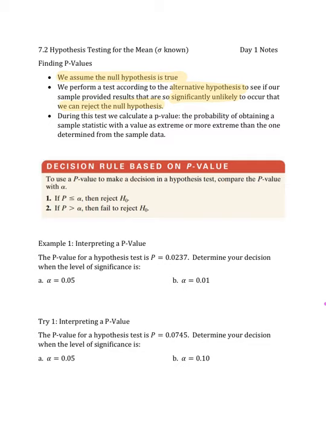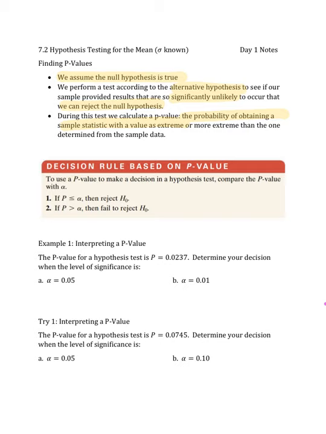So we're checking to see if our sample provides us results that are extremely unlikely to happen. In that case, if we do get those results that are significantly unlikely to occur, then we can reject the null hypothesis. So during this test, we calculate what's called a p-value, and that's the probability of obtaining that sample statistic with the extreme values, or even more extreme than the ones determined from the sample data.